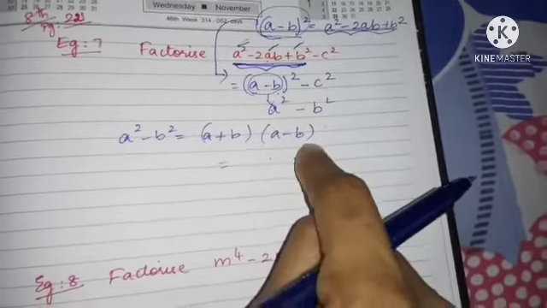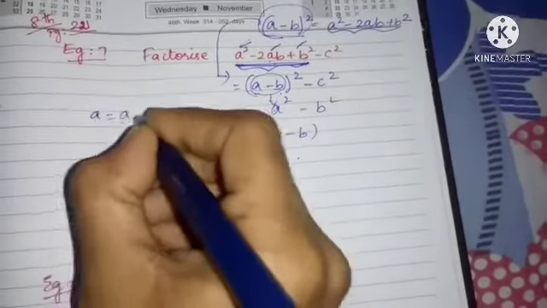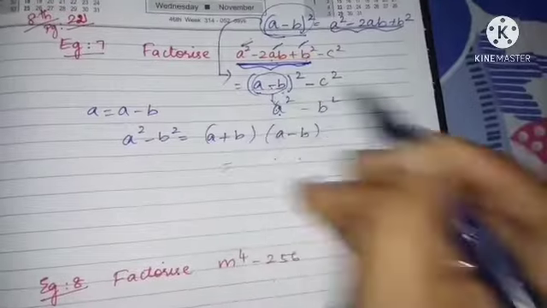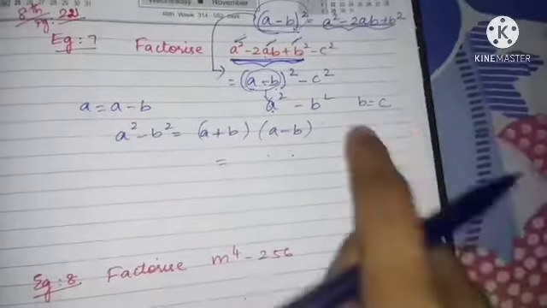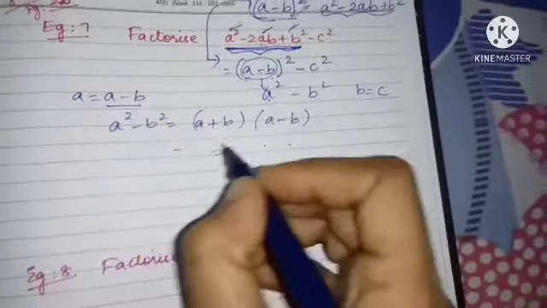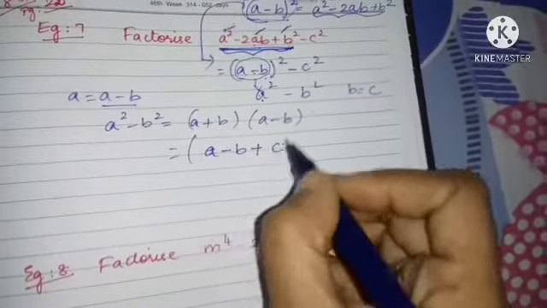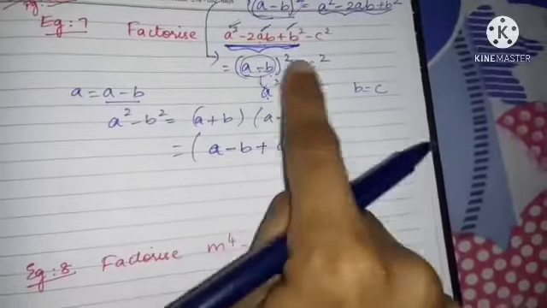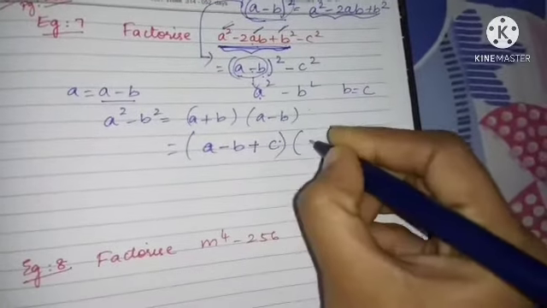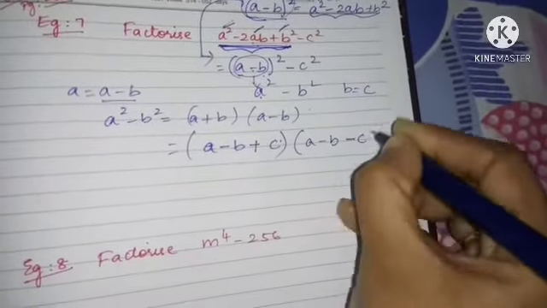What is a actually here? a is nothing but (a minus b), and b is nothing but c. So (a plus b) means (a minus b plus c), and then the bracket (a minus b minus c).